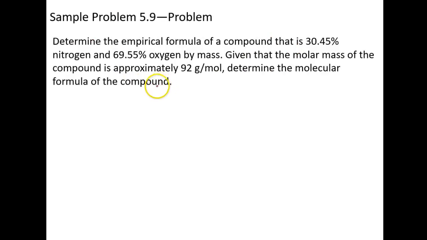Okay, so here's a problem that goes through the whole entire thing. You have some compound that has nitrogen and oxygen in it, and I'm trying to figure out both my empirical formula and my molecular formula. I'll just put E and M. So the empirical part we know. 30.45 grams, and I'm going to multiply it by 1 mole of nitrogen, which weighs, let me get my periodic table here, 14.007 grams.